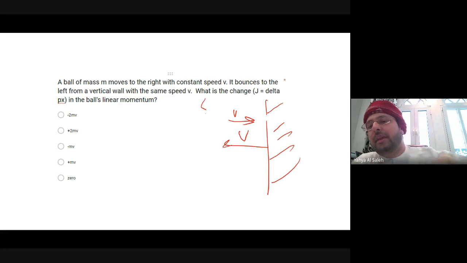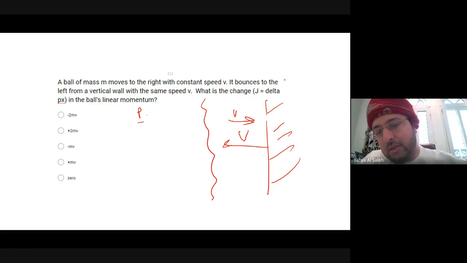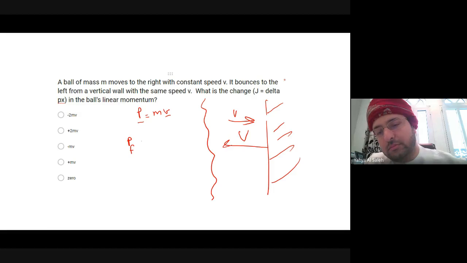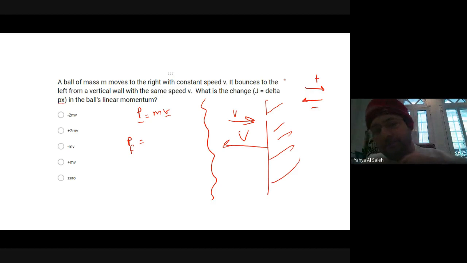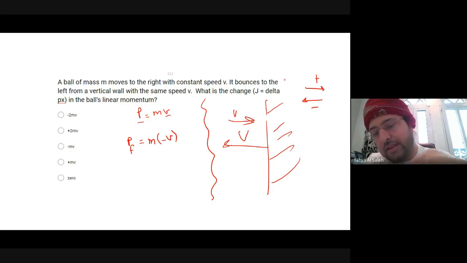We have all made the eternal sinful mistake. Let's write down the definition of P. P equals mv. The underlines mean vectors. What is my P final? I will say this is positive and this is negative. So it will be P minus V, which is equal to minus mv.